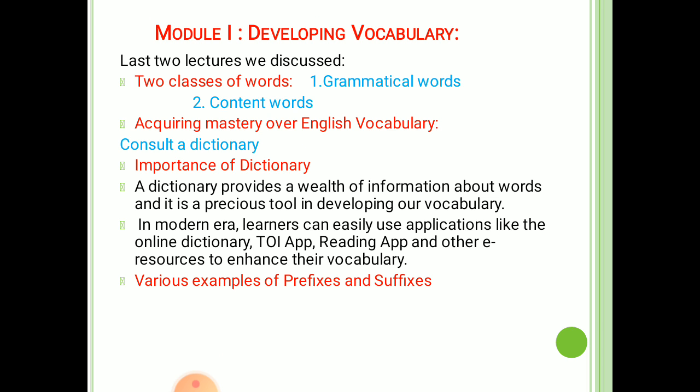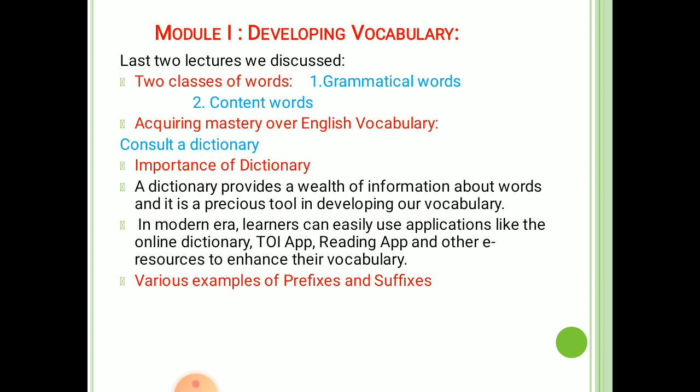In the last two lectures we discussed two classes of words: first, grammatical words, and second, content words. We also discussed acquiring mastery over English vocabulary, consulting a dictionary, and the importance of a dictionary. A dictionary provides a wealth of information about words and it is a precious tool in developing our vocabulary.